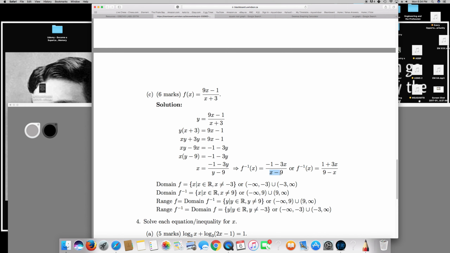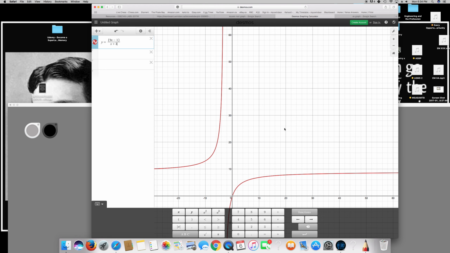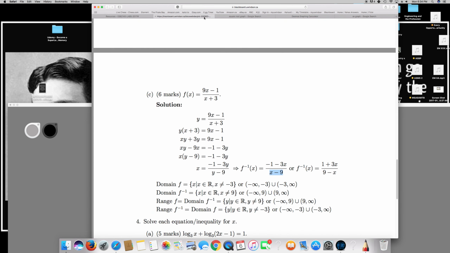So the f inverse equation is minus 1 minus 3x. If you put 9 for the x, which is the y value in this case, because we switched the y value for the x value, it's going to be 0. So we shouldn't achieve 0 at all. Therefore, that's why it shouldn't be equal to 9 at all.